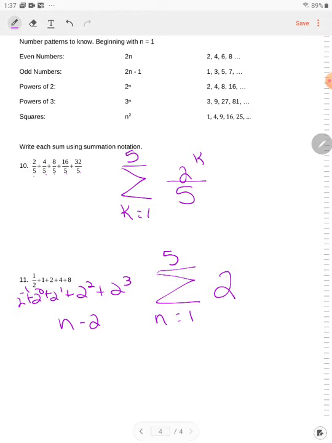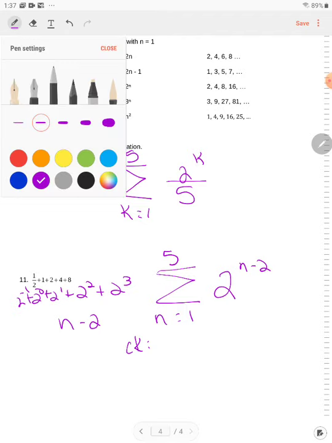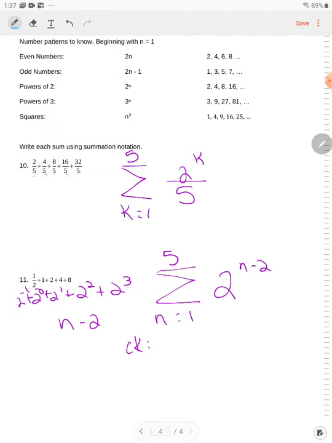Because if we do 2 to the n minus 2, let's check it. Okay, what if I'm not convinced that's correct? So if we go ahead, we do 2 to the 1 minus 2, 2 to the 2 minus 2, 2 to the 3 minus 2, 2 to the 4 minus 2, 2 to the 5 minus 2.